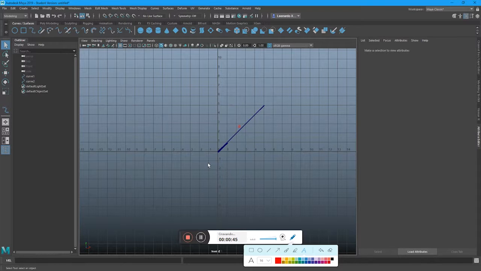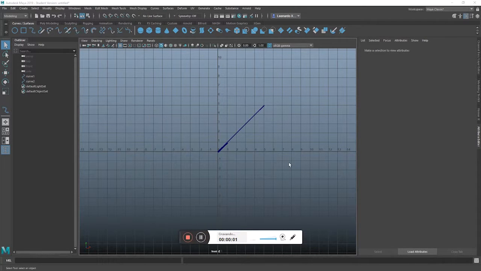To find a unit vector, first you need to find the magnitude of the vector, and after that, you have another expression to find the unit vector. In the next video, I'm going to show how to find the magnitude of the vector.